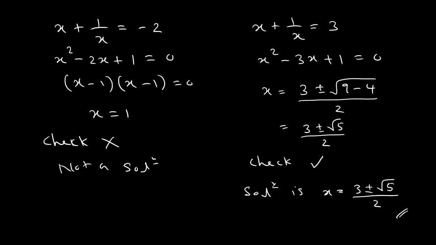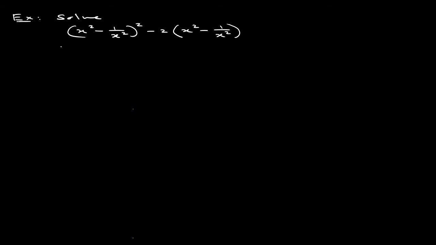I'm going to give you a problem for you to try, to see whether you learned the material. So this is for you to try. Let's say, solve. I'm going to give this as an exercise. Solve x squared minus 1 over x squared minus 2 times x squared minus 1 over x squared minus 8 equals 0.